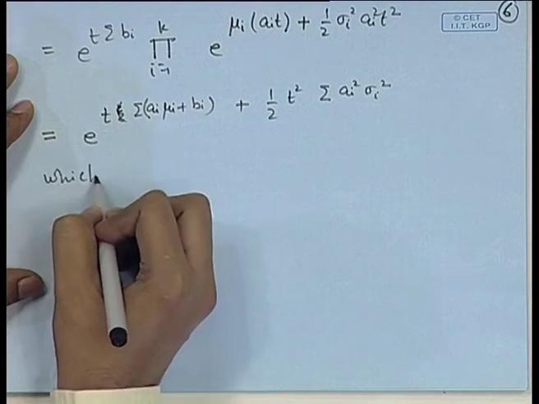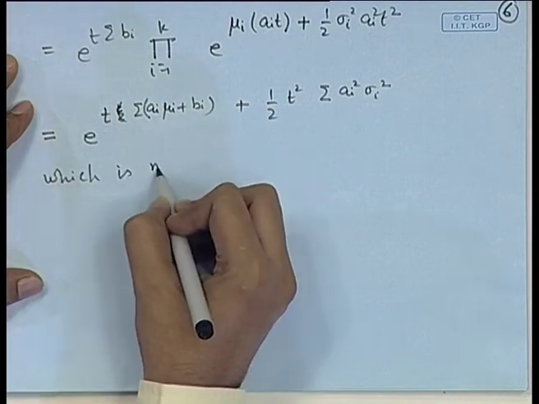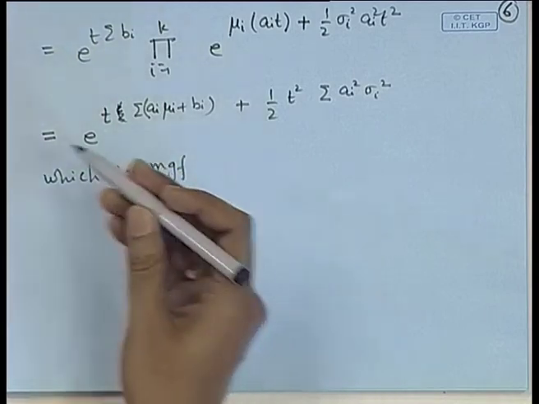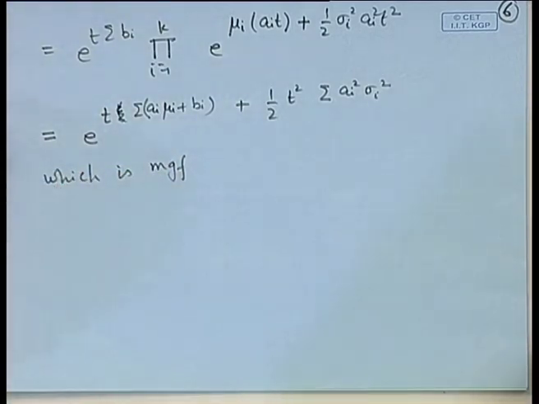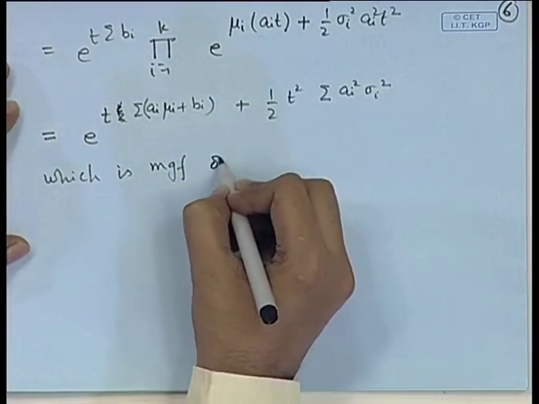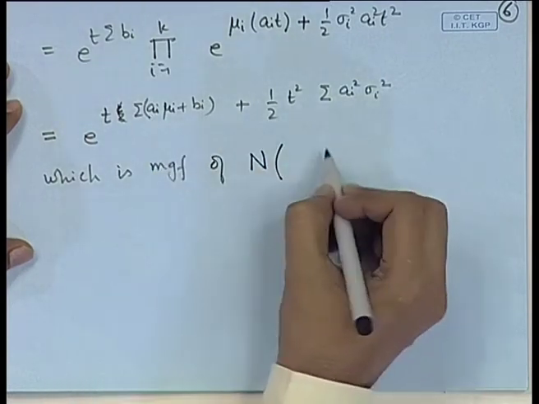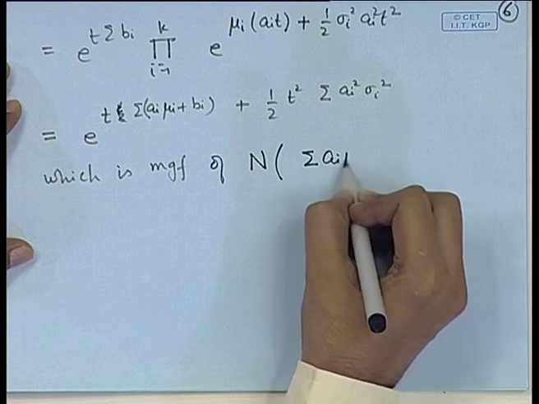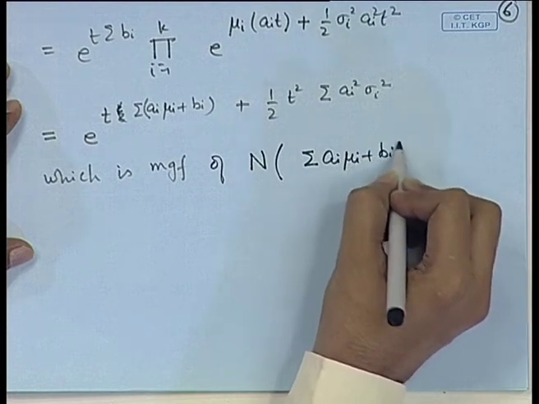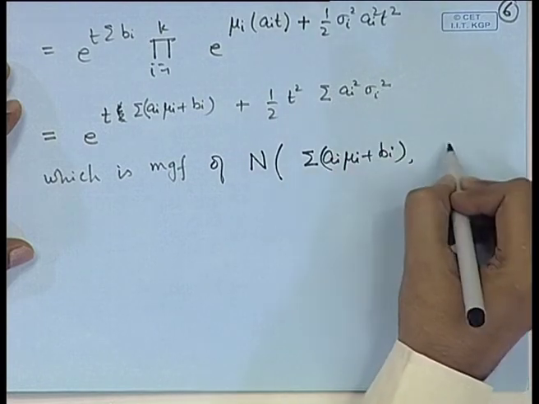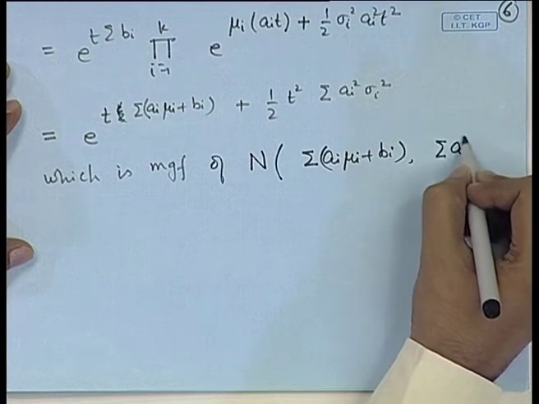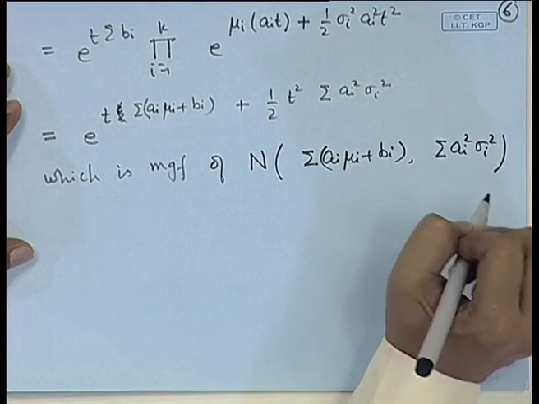Now, this we can identify as the MGF of a normal distribution with mean sigma (a_i mu_i plus b_i) and variance sigma a_i square sigma_i square.